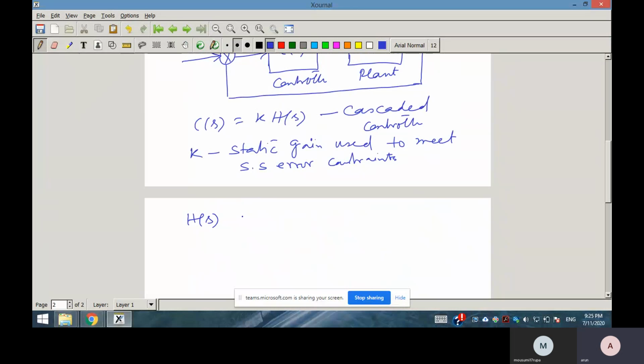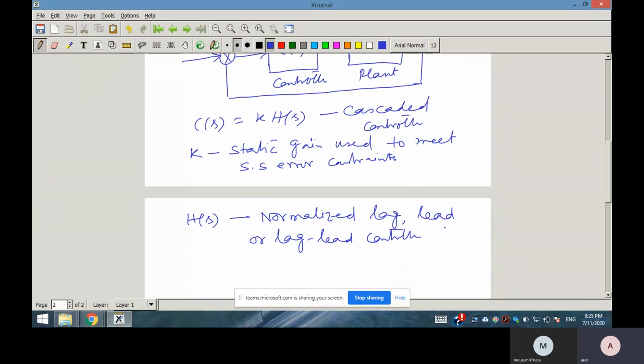H(s) is a normalized lag, lead, or lag-lead controller. Normalized means H(0) equal to 1.